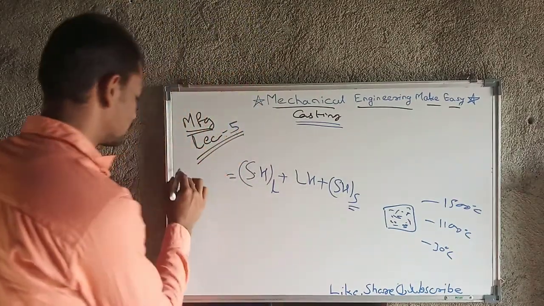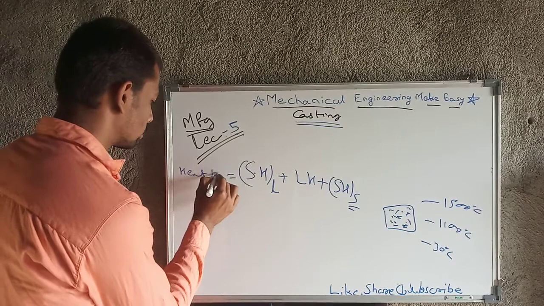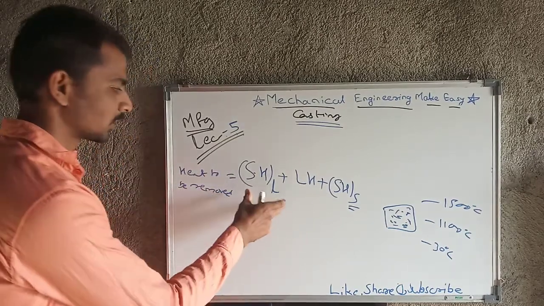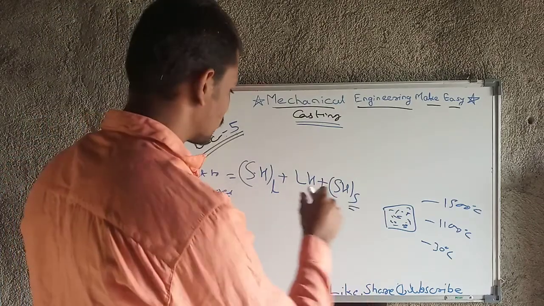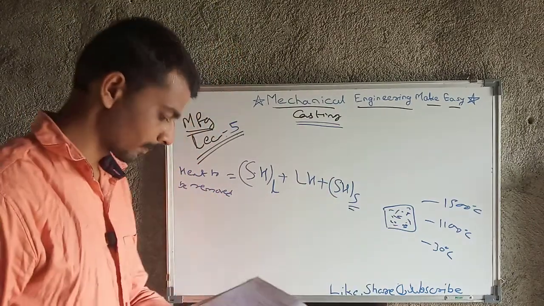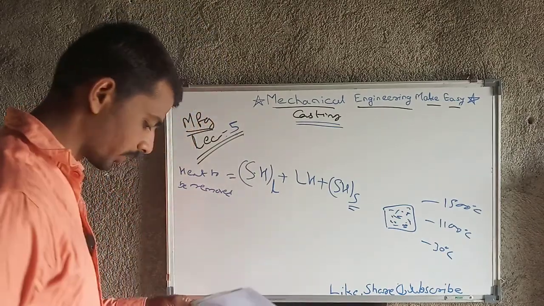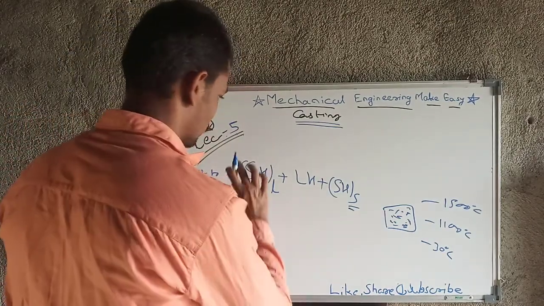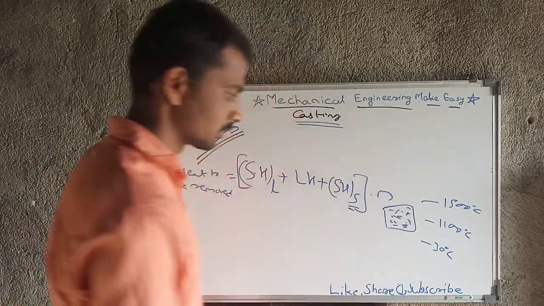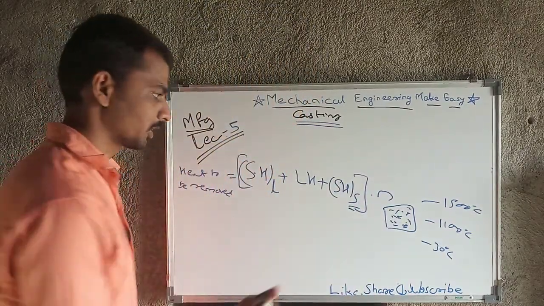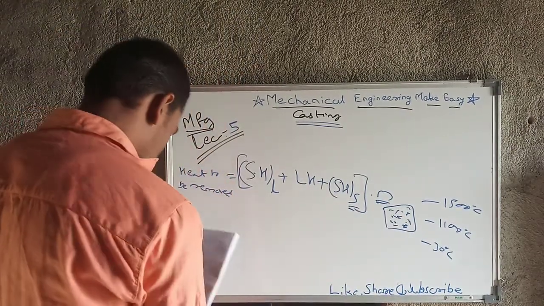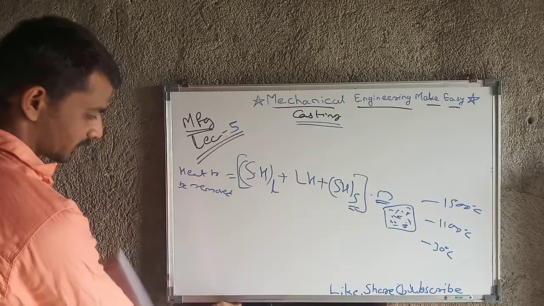So this is the heat to be removed: sensible heat of liquid, then latent heat, then sensible heat of solid. This is the formula for heat to be removed, and we have to multiply with mass. Mass is a very important parameter here. Then the next parameter is solidification time.